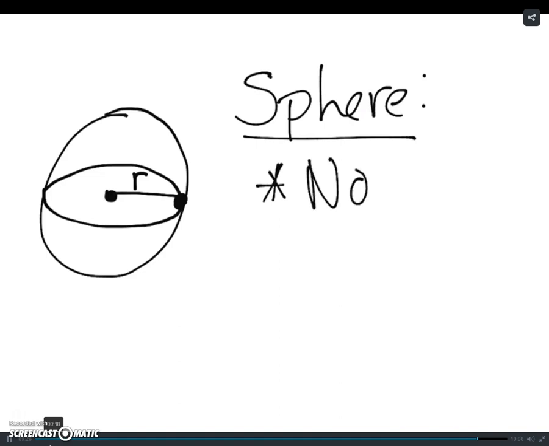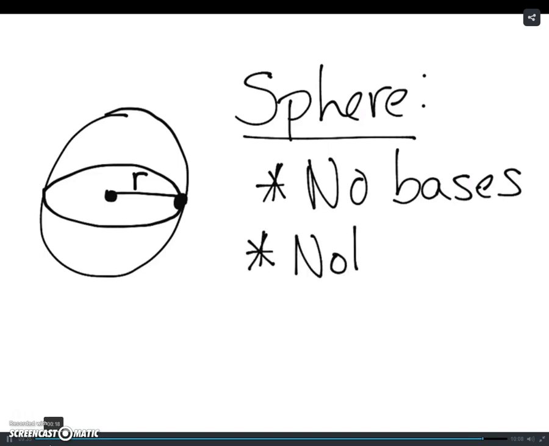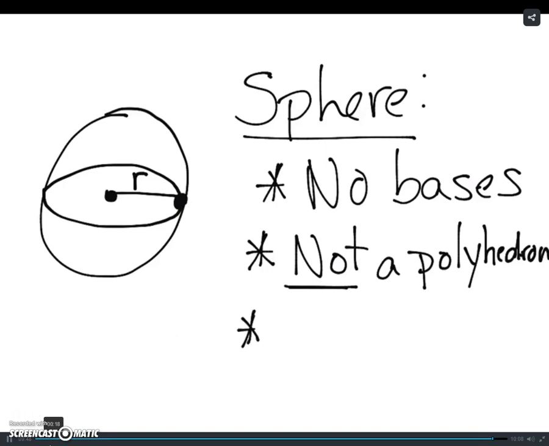No bases, because it's a sphere. It is not a polyhedron. And there's no lateral surface area. There's only total surface area.